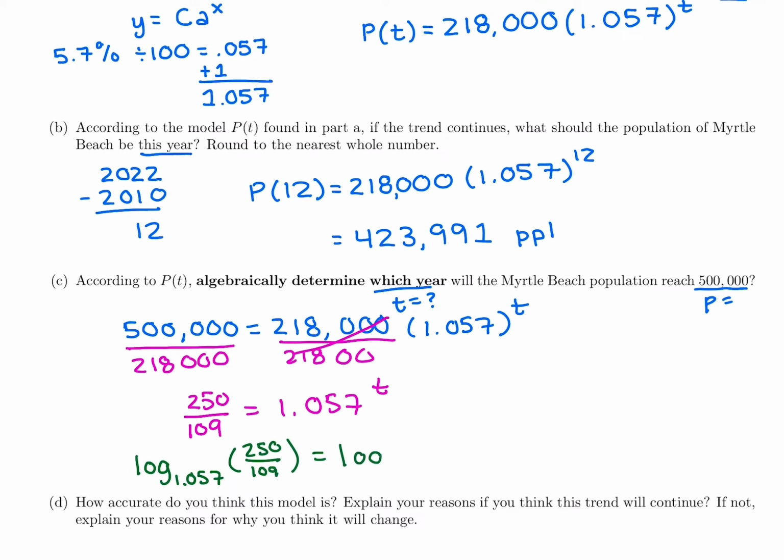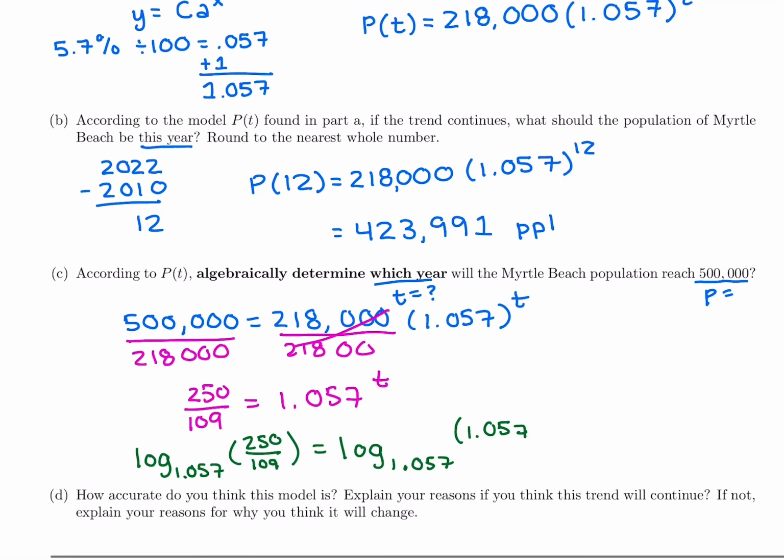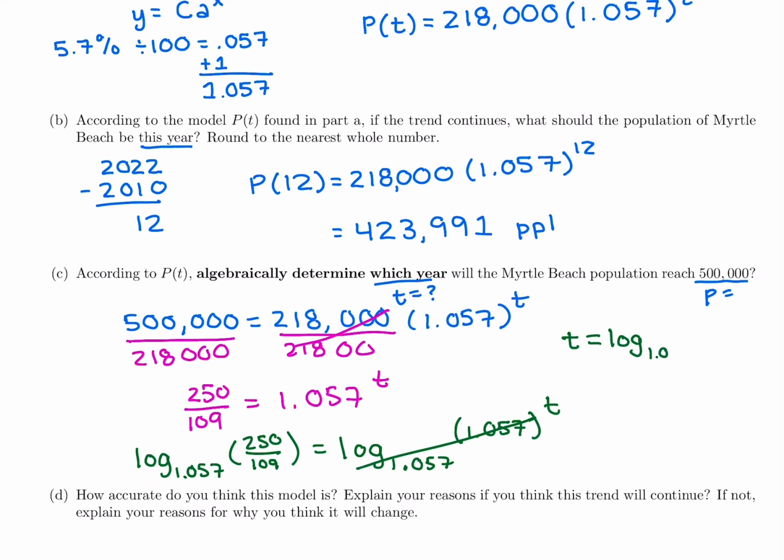And then on the right side, log base 1.057 is going to get rid of that 1.057 base of the exponent. That way, we are just left with t. So t equals log base 1.057 of 250 over 109.